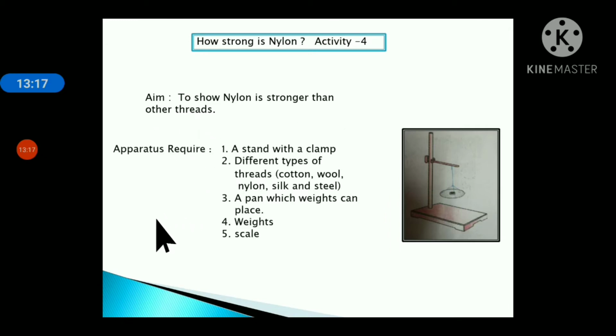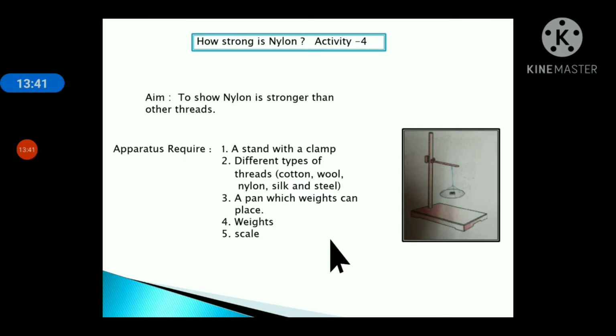Apparatus required: a stand with a clamp, different types of threads: nylon, silk, steel, cotton, wool, and a pan on which weights can be placed, weights, and a scale to measure the length of the thread.